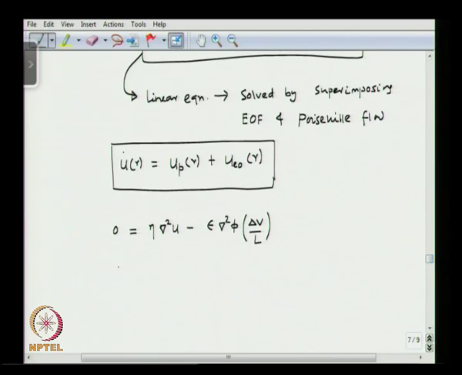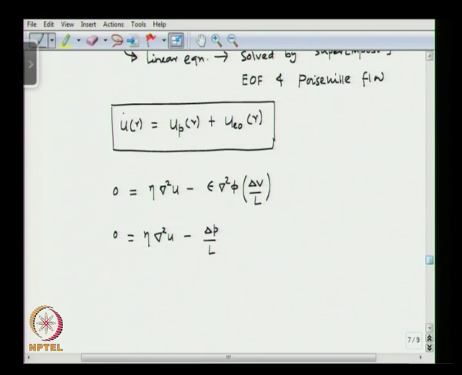And we have 0 equal to eta del square u minus delta P over L. So, we have the two equations, there is a correction here. So, 0 is eta del square u plus epsilon del square phi into delta V over L, and this is for the electroosmotic flow, and this is for the pressure driven flow, which is 0 equal to eta del square u minus delta P over L.